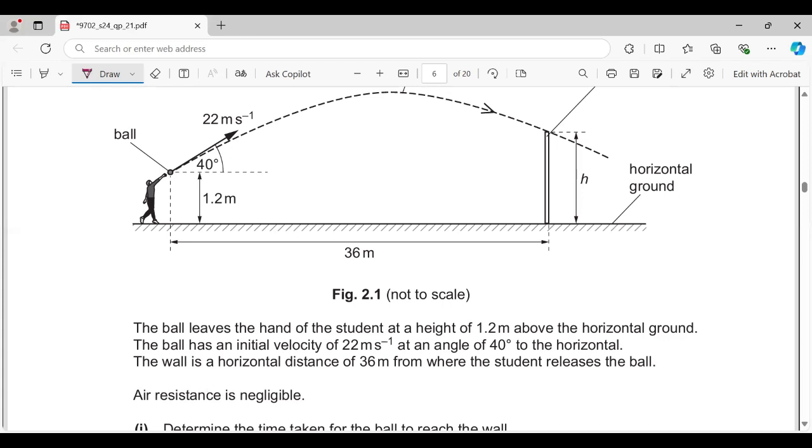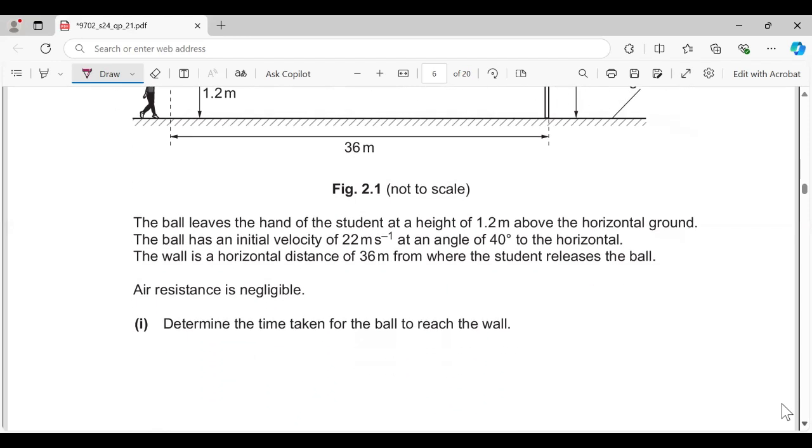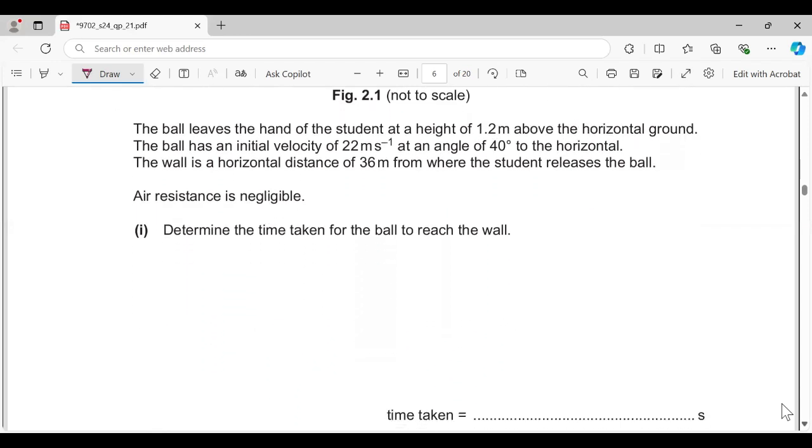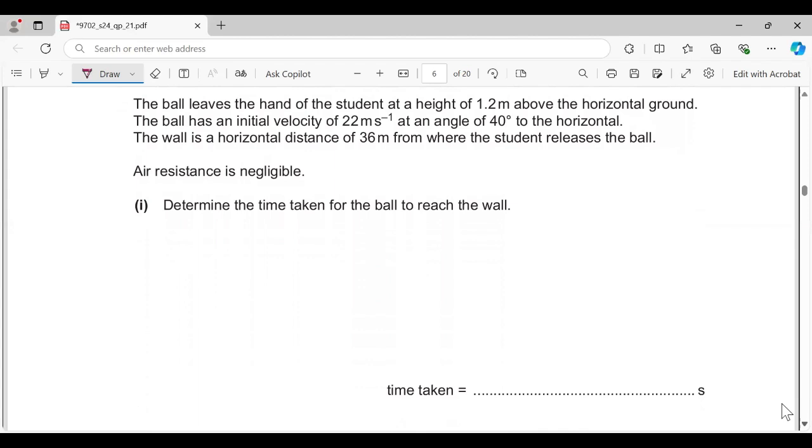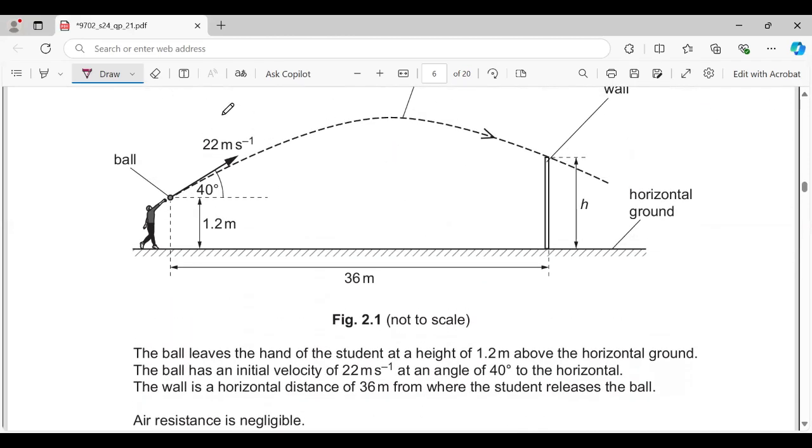Air resistance is negligible, which means not including air resistance. Determine the time taken for the ball to reach the wall. So we are going to calculate how long from this initial point till here.